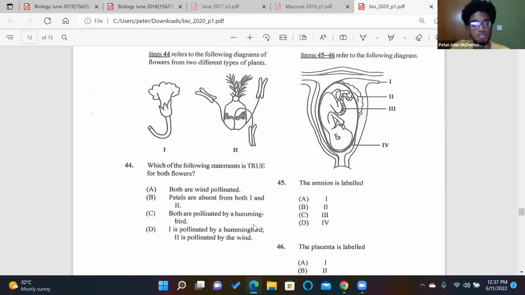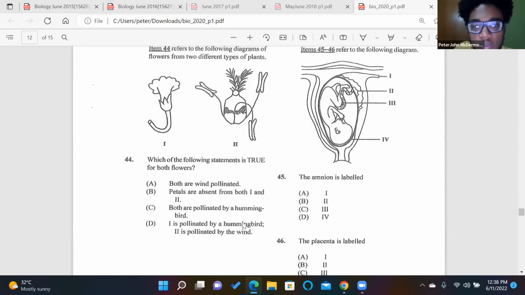Which of the following is true for both flowers? What do we think? D. Yes, I agree with you.